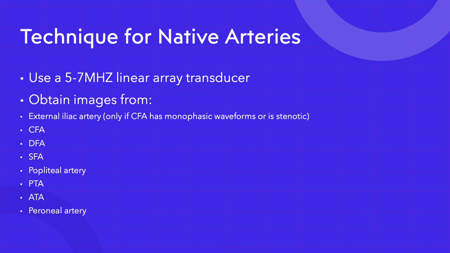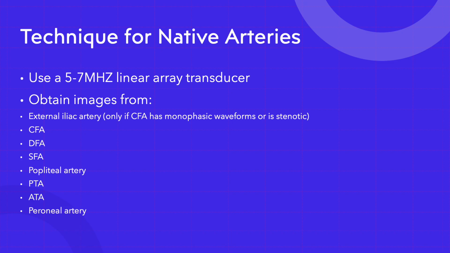But if you go to clinical and you're doing a lower extremity arterial exam and you notice the common femoral is monophasic or stenotic with a high velocity, I'm talking over 200, 300, 400, pause, slide up even higher into the groin and get a Doppler waveform of the external iliac artery.